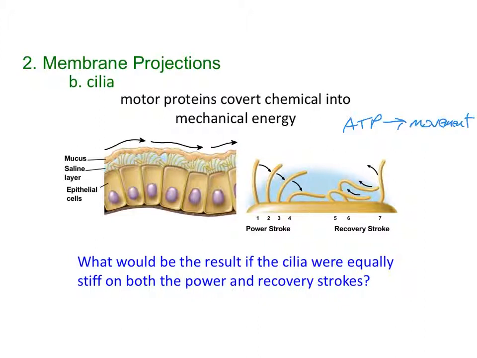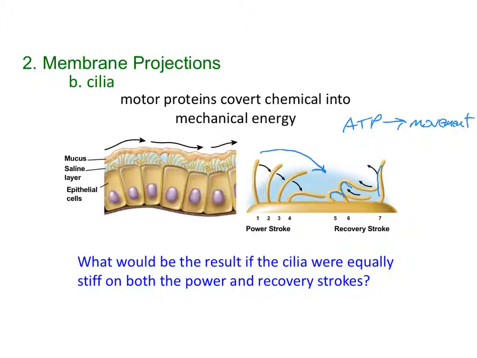And the way that a cilia works is it's kind of like an oar. So here's the power stroke, so you can see the cilia bends over, and then once it's bent all the way over, the recovery stroke folds over on itself and then brings itself back upright.